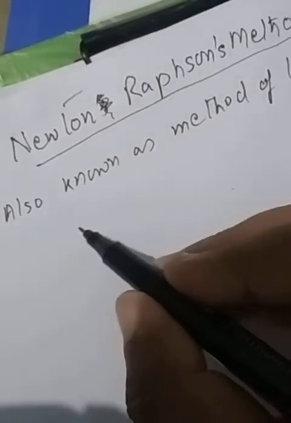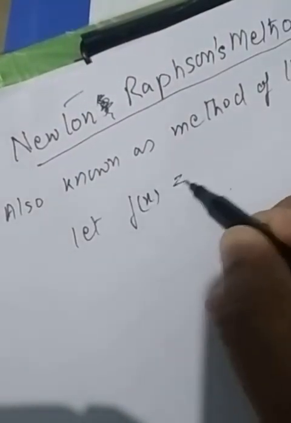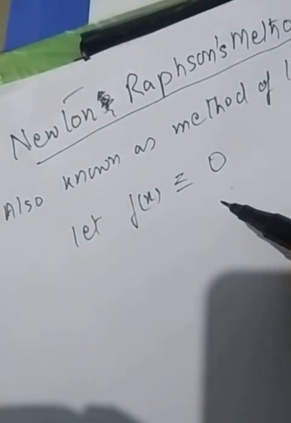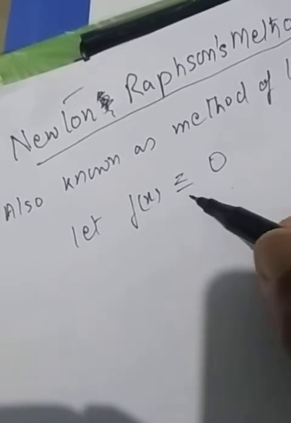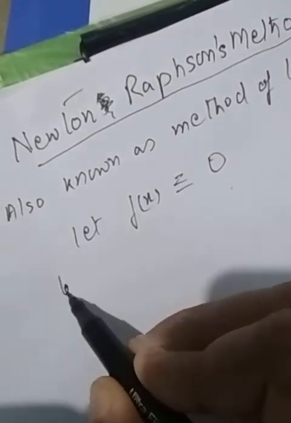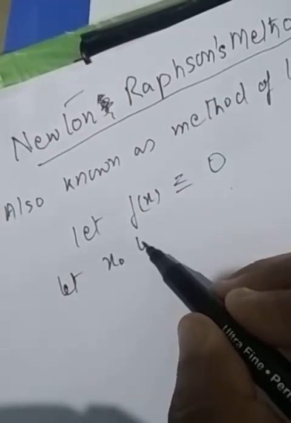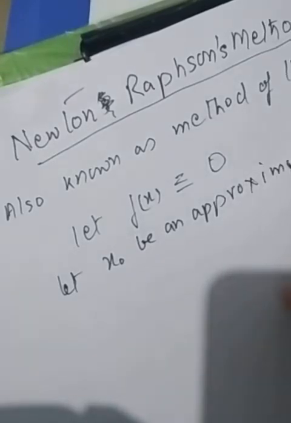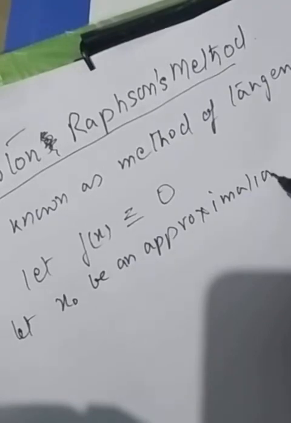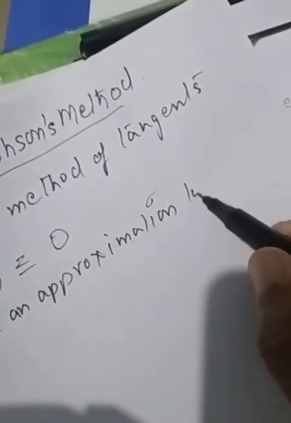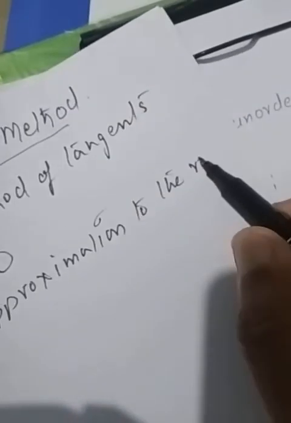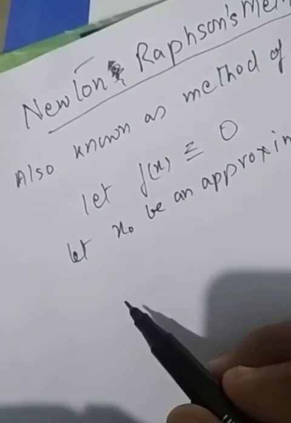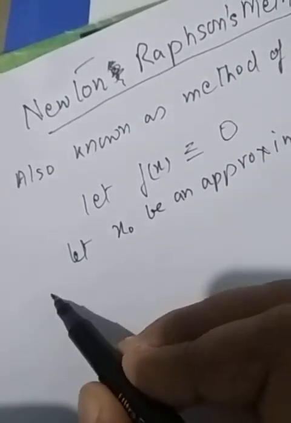Let f(x) = 0 be the equation for which you are seeking an approximation. Let x0 be an approximation to the root.